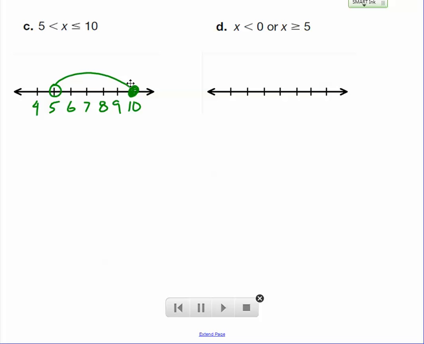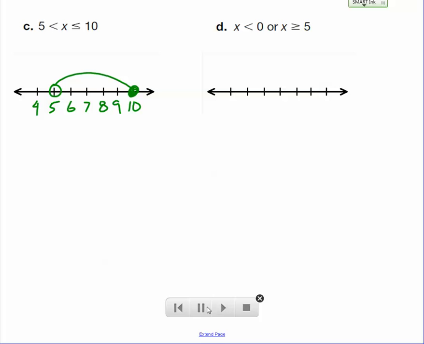This shows all the numbers that are greater than 5 and less than or equal to 10. So all these numbers in between satisfy both those requirements of being greater than 5 and less than or equal to 10. Now in example D, it says x is less than 0 or x is greater than or equal to 5. So let's graph all the numbers that fit those two criteria.